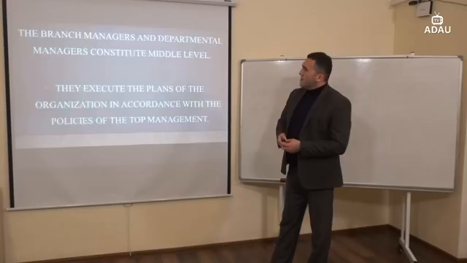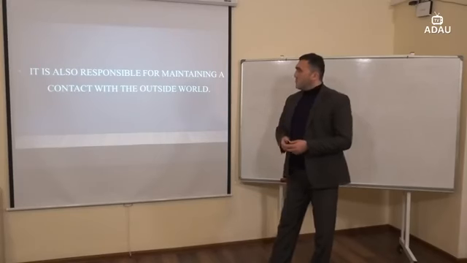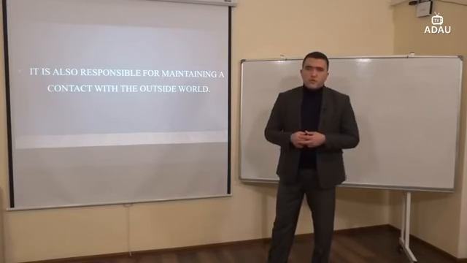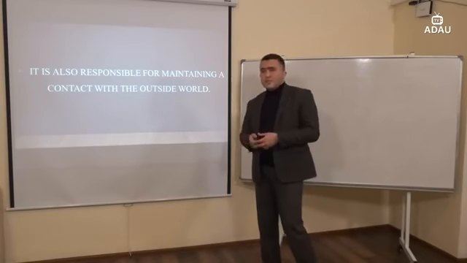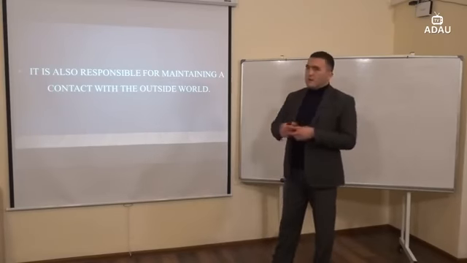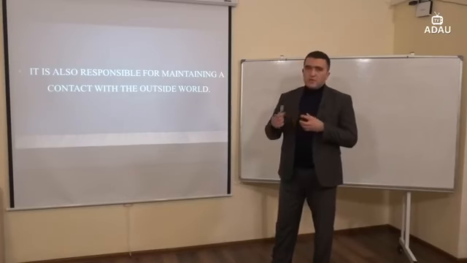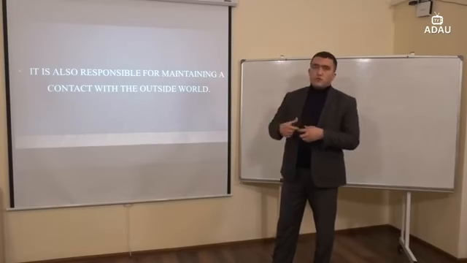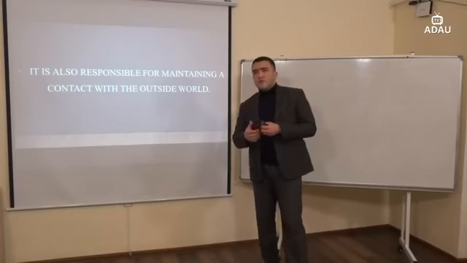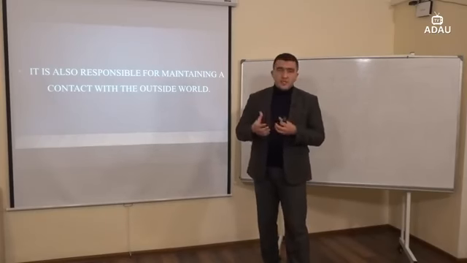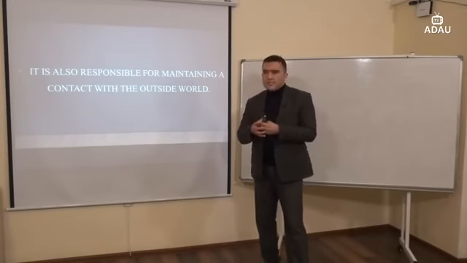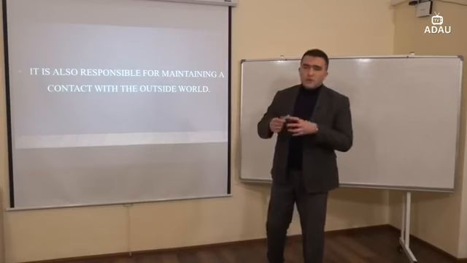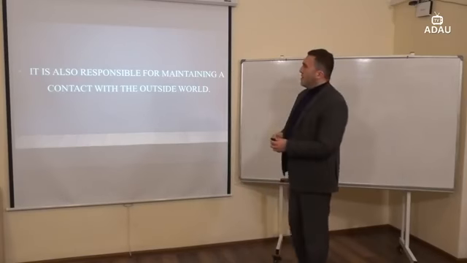It is also responsible for maintaining contact with the outside world, as well as with shareholders, stakeholders, and so on. In common, we can say that top managers are responsible for setting objectives, for decision making, and for strategic planning of the organization, for strategic development of the organization as a whole.